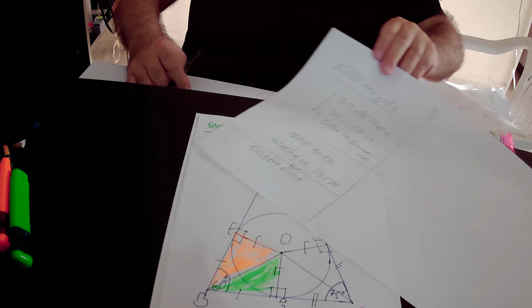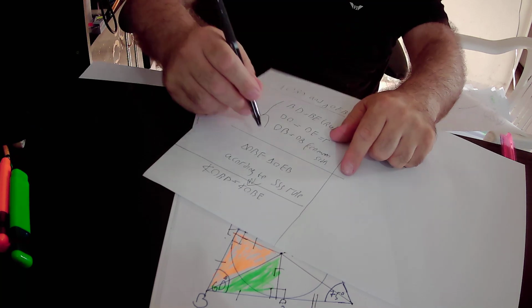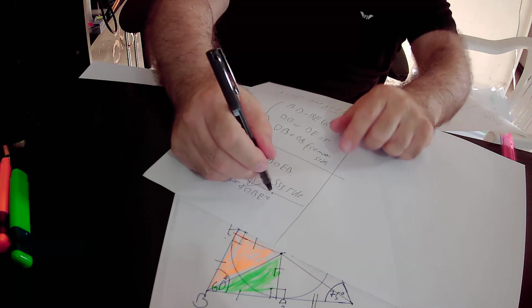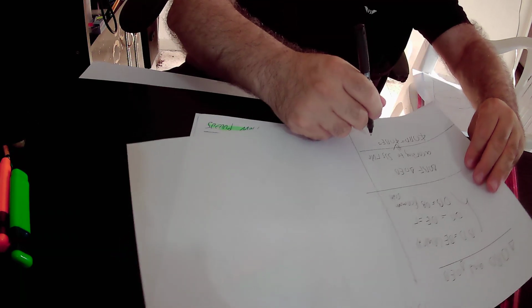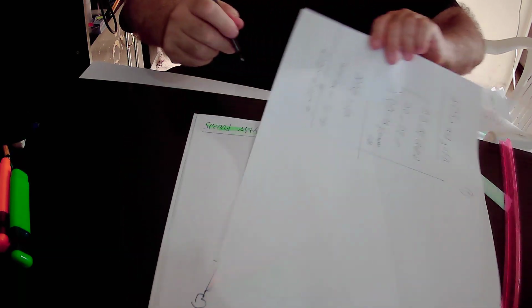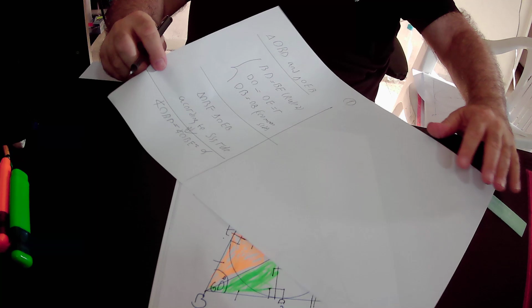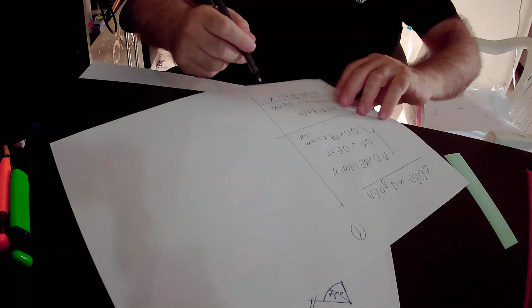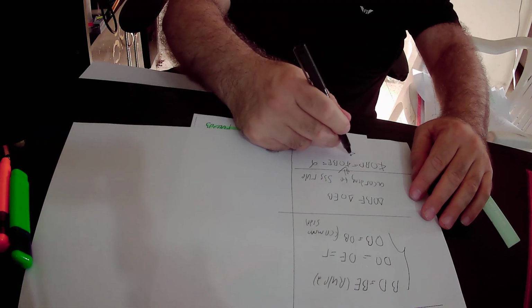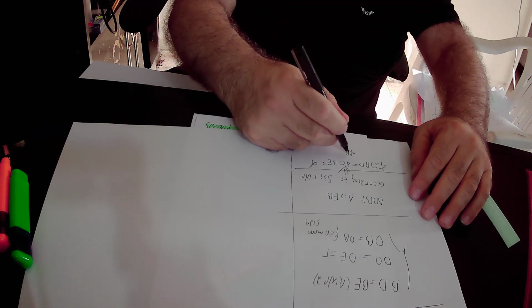So if we define angle OBE as alpha, then from this equation we conclude that angle OBD is also equal to alpha. Angle OBD equals alpha.